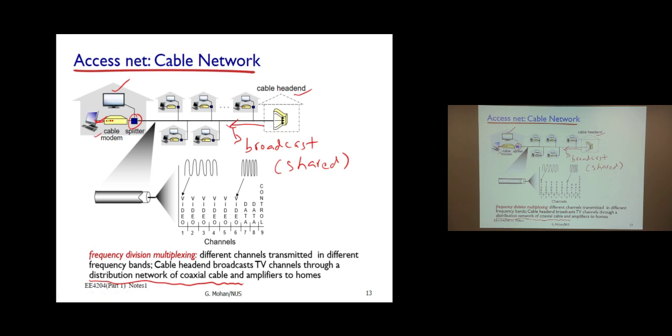Because TV signals, TV channels, naturally are broadcast. Am I right? The TV service provider has, say, 100 channels, and on every channel different programs are broadcast. Broadcast in the sense that it is the same signal, whether it's in our home or somebody else's home. Channel number 5 means channel number 5 content will be the same. Similarly, every channel.